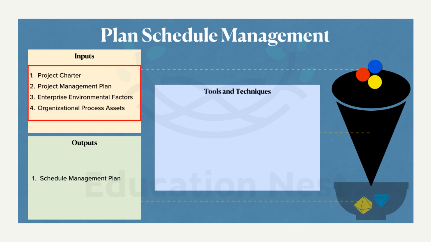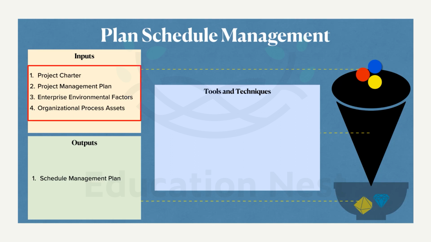Let's see what inputs we have. The project charter, of course, we learned about what a project charter is, so I'm skipping it for the sake of time. The project management plan. I told you a few minutes ago that the project management plan is created only after the schedule management plan is created. But I'm saying that this project management plan is acting as an input for this.